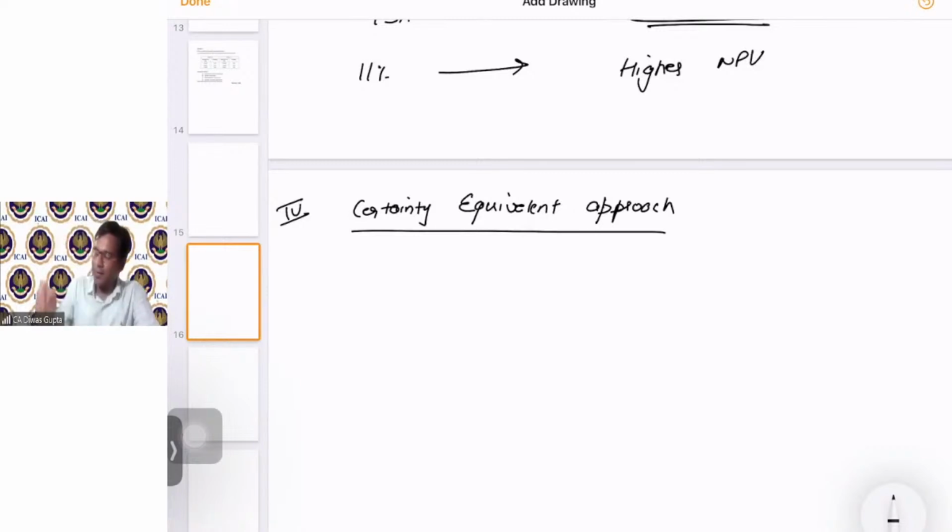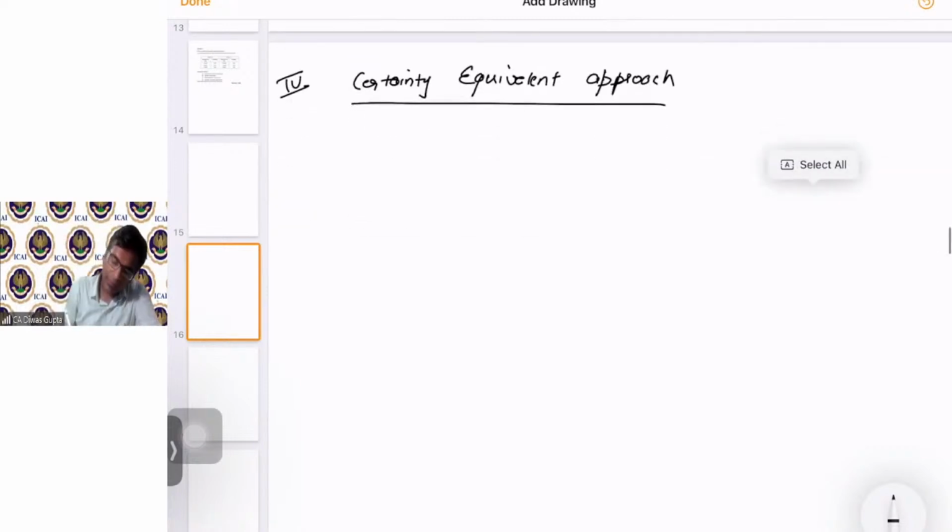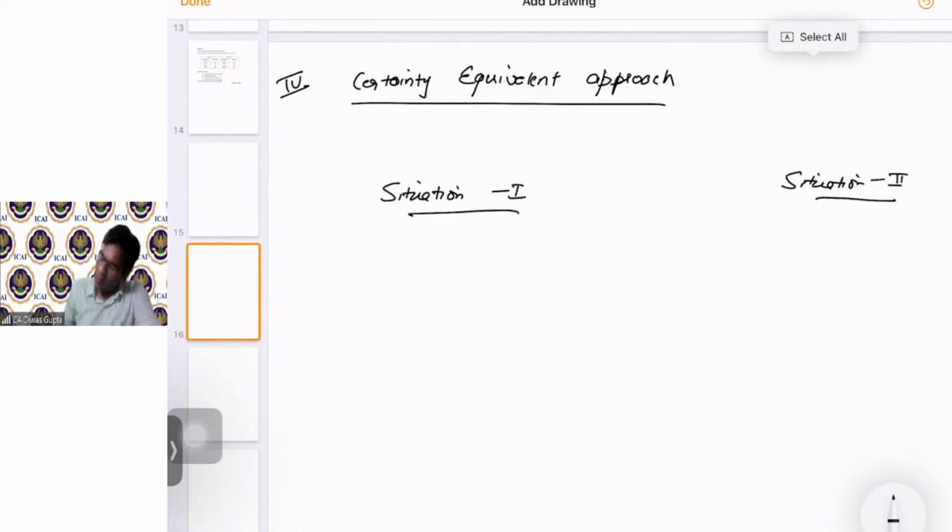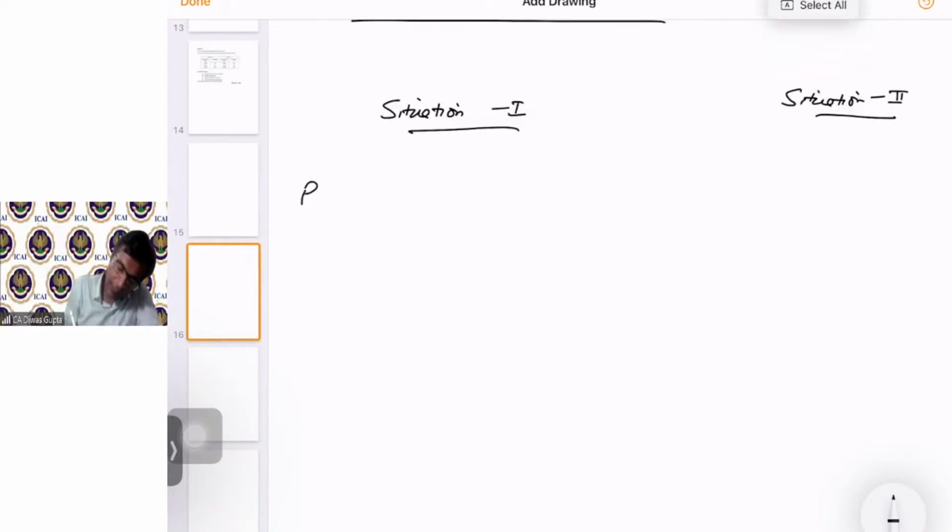Okay. Now understand here. I am taking two situations. Situation one, situation two. What are we saying in situation one? The risky amount is, let's say, 2 lakh rupees.